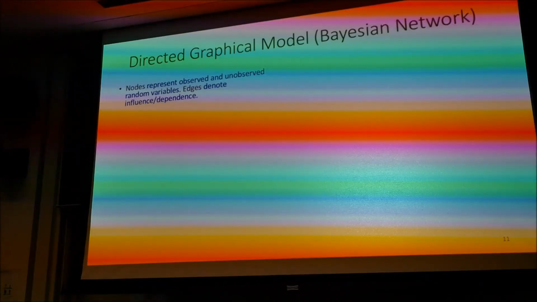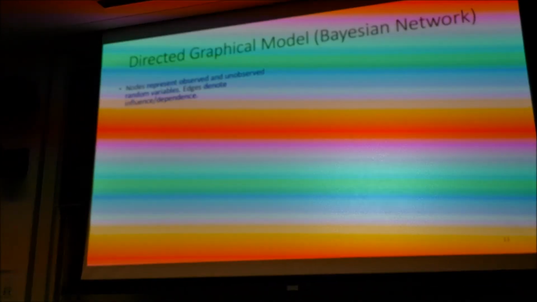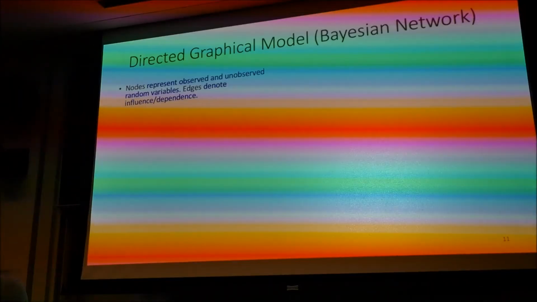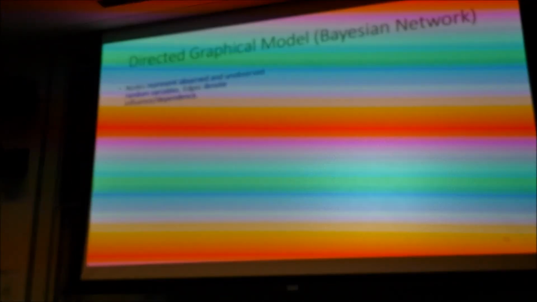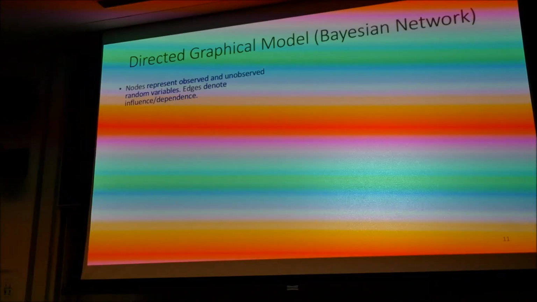Hopefully this gives you enough idea of what a graphical model is, but to be a little bit more formal, a directed graphical model, also known as a Bayesian network, is a network structure where the nodes represent random variables, observed or unobserved, and edges represent conditional independence between them, or relationship.